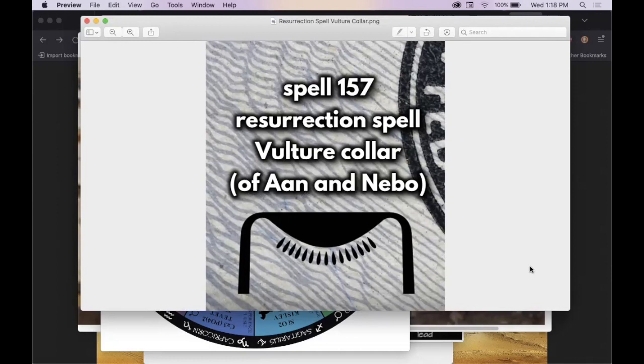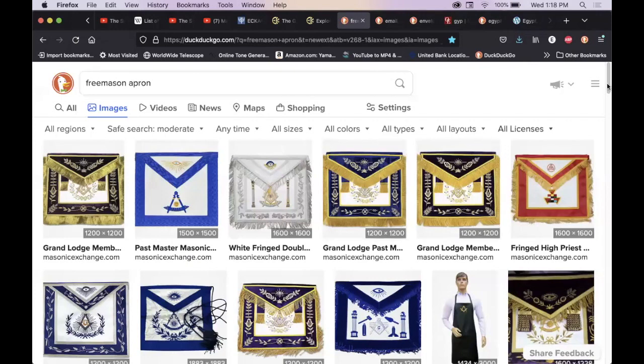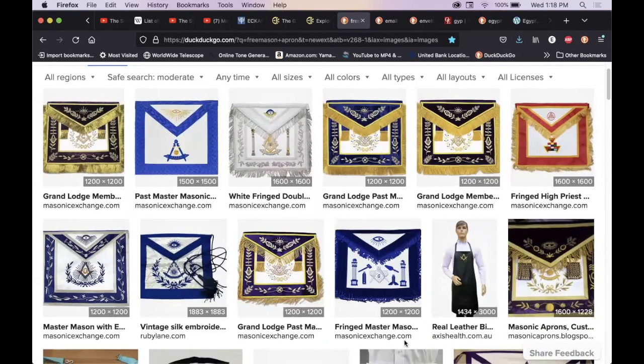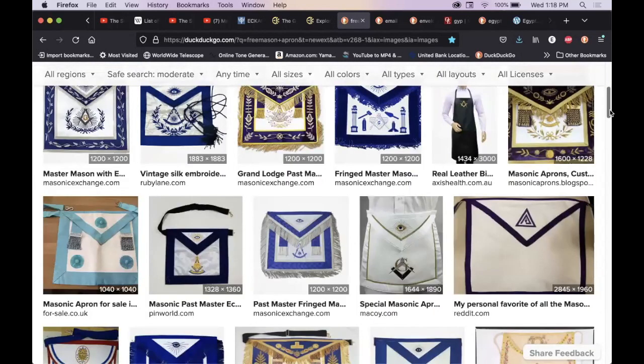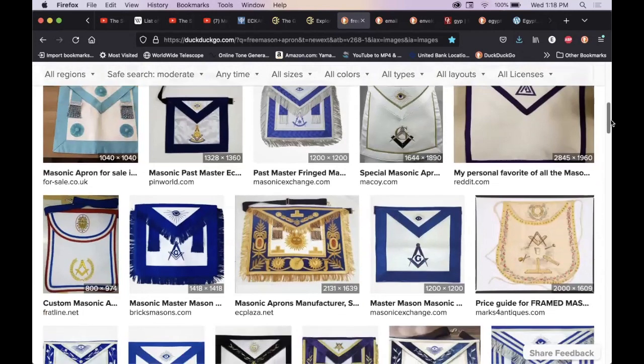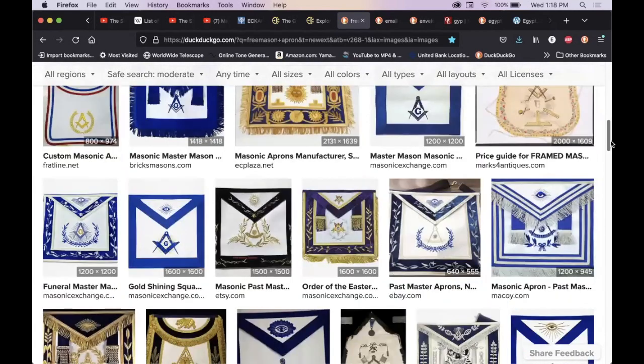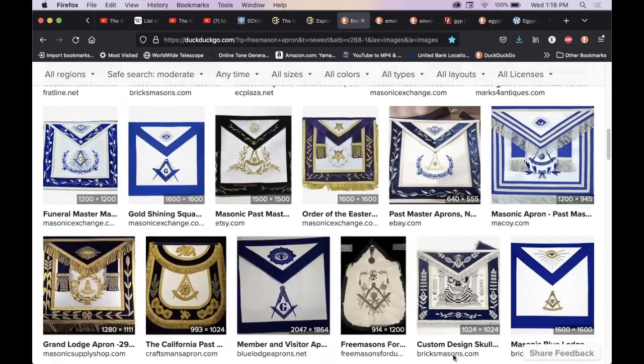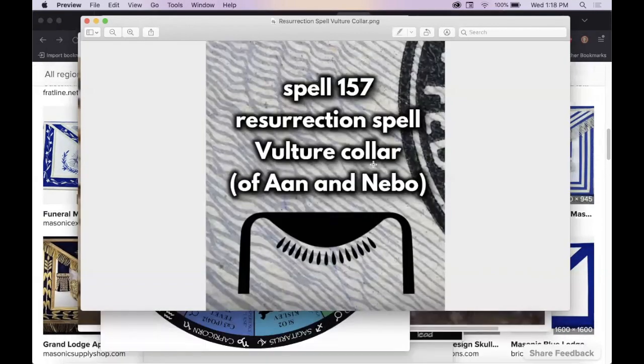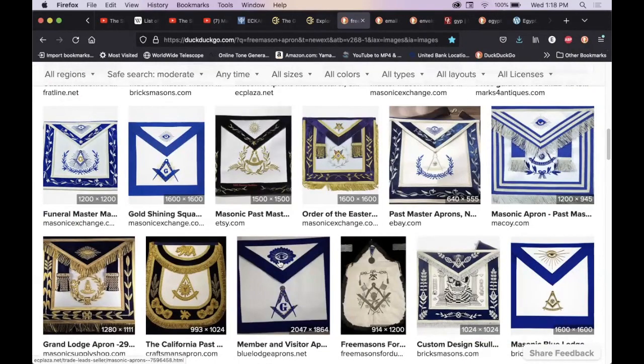Now, let me show you this. Here, we have the Freemason apron that they always wear when they're doing their little rituals and their classes and all that stuff. Whenever they have their assembly, you will see the Freemasons wearing this symbol. It is also this. It's a resurrection spell. And this is the vulture collar. Where else have we seen this symbol?